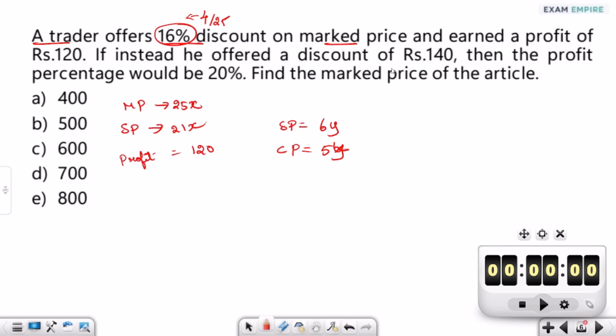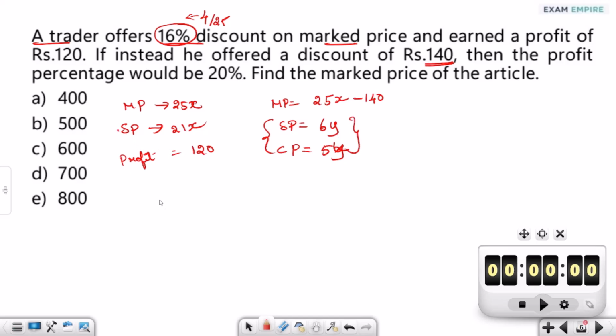And what is the discount he has offered? 140. Okay, so the marked price will be 25x. So in this he is giving 140 discount. Okay, so here we know the selling price and cost price ratio is 6:5.